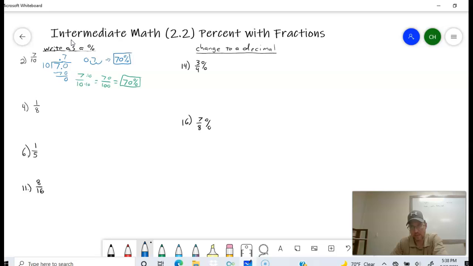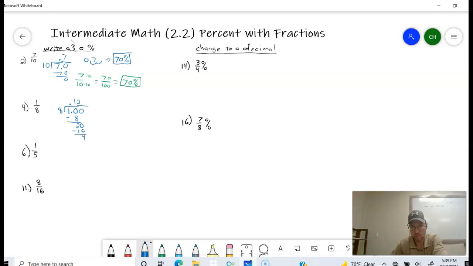Number 4, 1/8. Does 8 go into 100 evenly? It does not. So I don't have much choice here. It's 1 divided by 8. 8 won't go into 1, so I'm going to do my decimal. Put a 0. 8 goes into 10 one time, which equals 8. I'm going to get 2 left over. 8 doesn't go into 2, so I'm going to bring another 0. 8 goes into 20 2 times, which is 16.